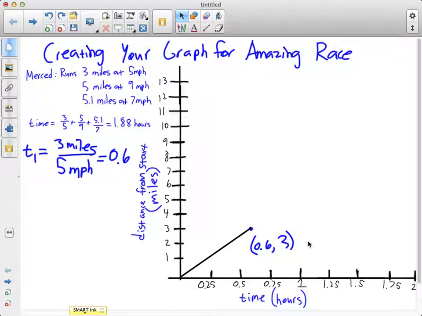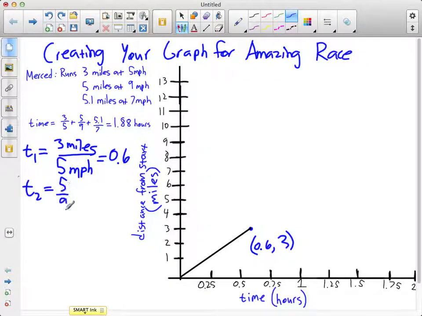In order to get the second segment, I need to figure out how long he spent going 9 miles an hour. So he starts at 0.6, and then he's going to take an additional time 2, which is going to be 5 over 9, which is 0.556 repeating. So he's going to go 5 more miles, and he's going to spend 5/9 of an hour, or 0.556 hours, going that speed.